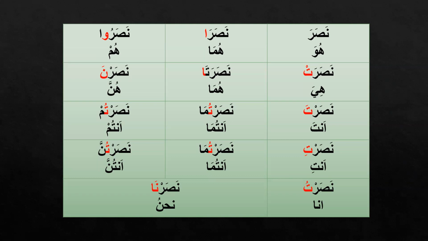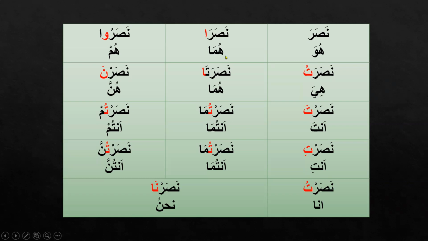Here you can see Huma nasara. This alif is very important to learn, very important to memorize. Alhamdulillah. So what will be the meaning? They two helped. They two, masculine, helped. Males helped. This is the dual form, and this alif is very important. Remember it.